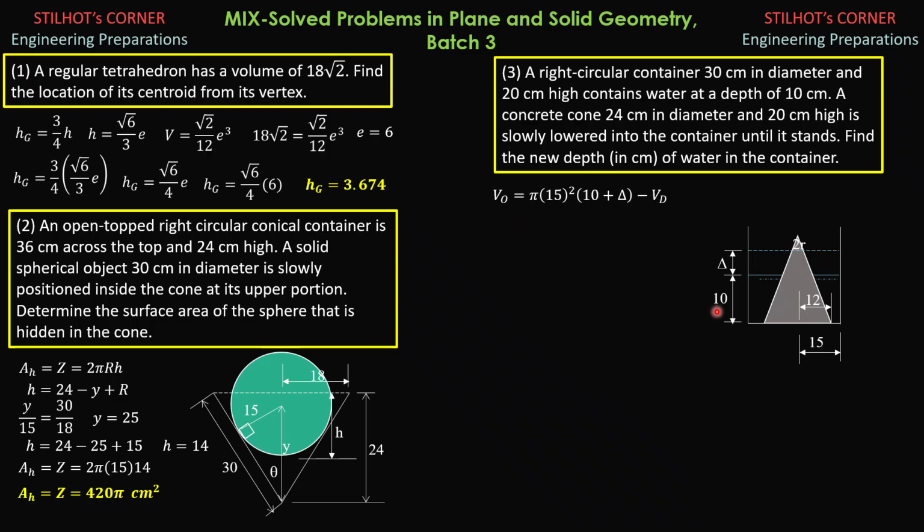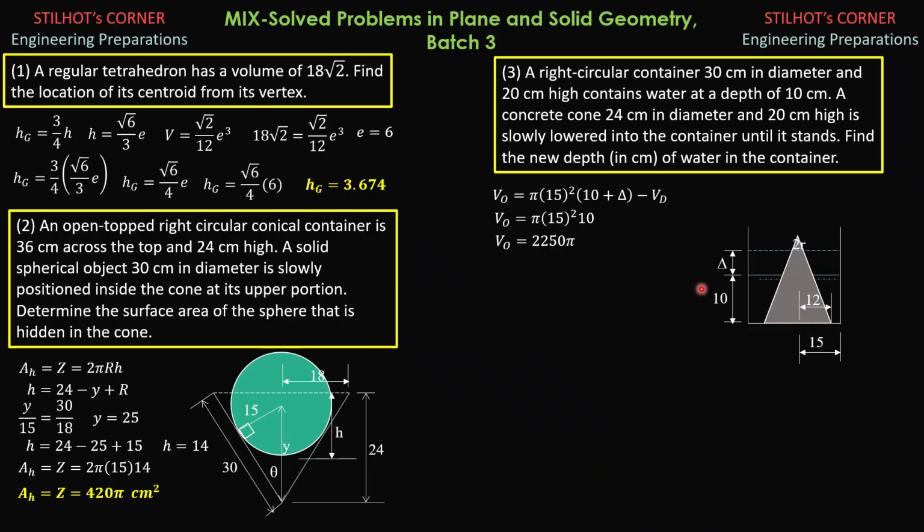The original volume is pi 15 squared times 10, and that is equal to 2,250 pi cubic centimeters. Then substitute above. The volume displaced is represented by this volume of frustum of a cone of upper radius small r, lower radius big R, 12.